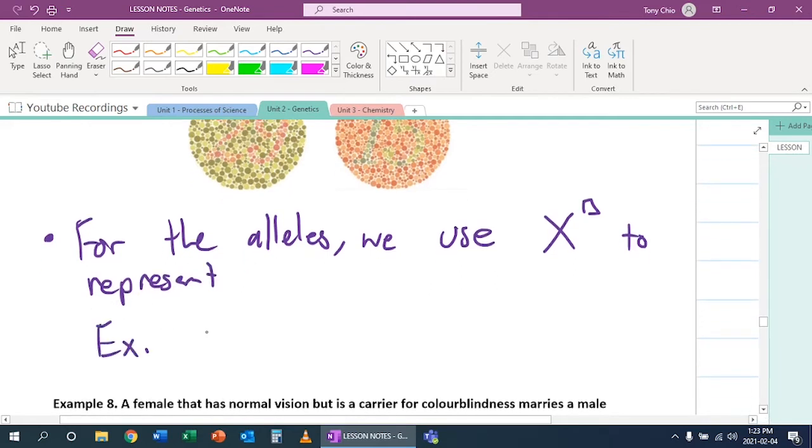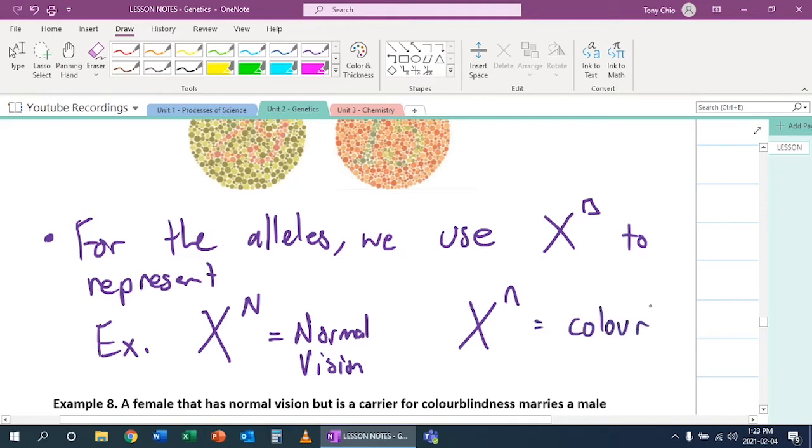If someone has normal vision, aka no colorblindness, they will be shown as X capital N. Capital N, meaning dominant in this case, would be normal vision. But that means X lowercase n would be colorblind. So that is an example of this scenario.